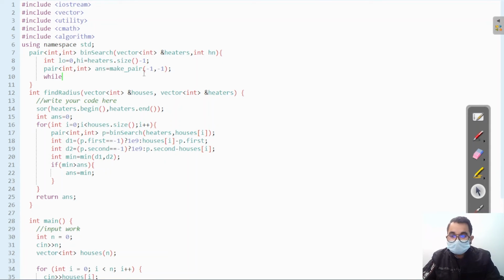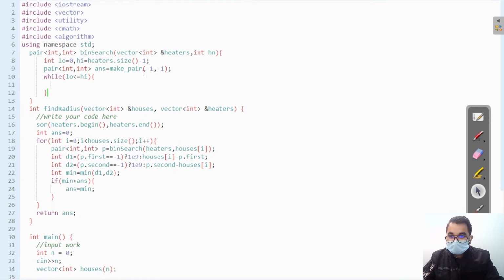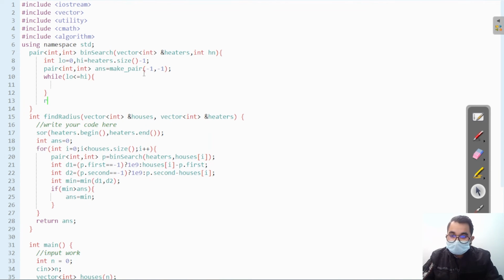Now I just need to write the binary search, low less than or equal to high. That's it. And after the loop I need to return the pair. Okay, so this is what we are going to do. We need to calculate the mid. This will be equal to low plus high divided by 2.